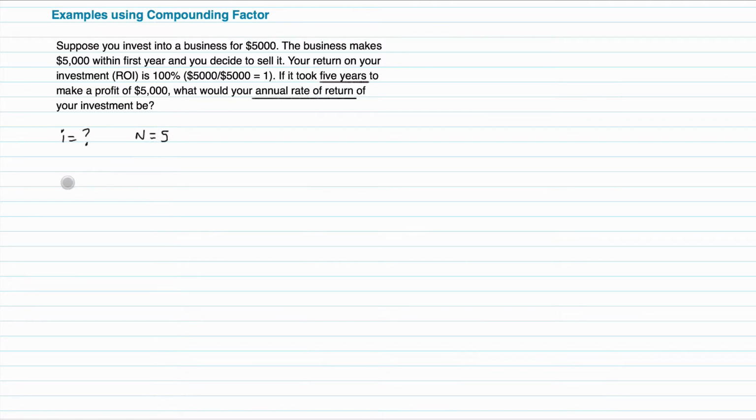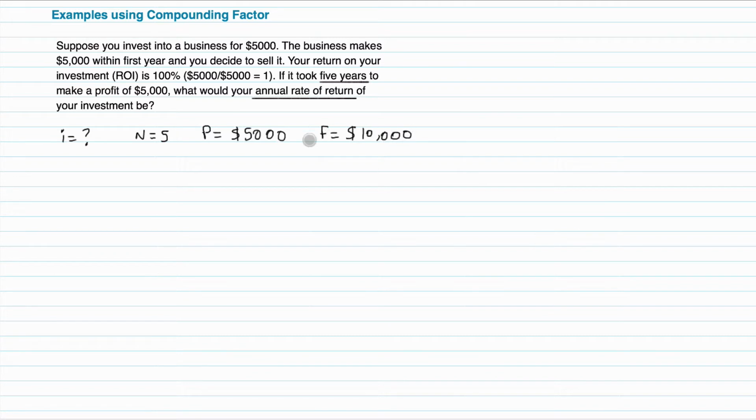We invest $5,000 right now, which is our present, and in 5 years we make $10,000. Our future is equal to $10,000.